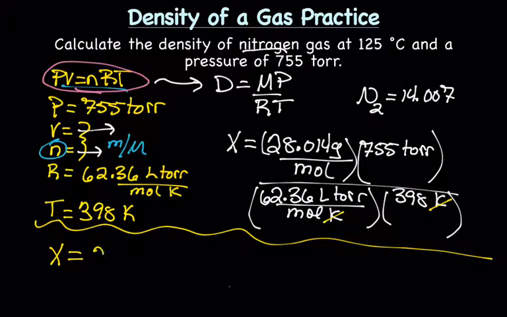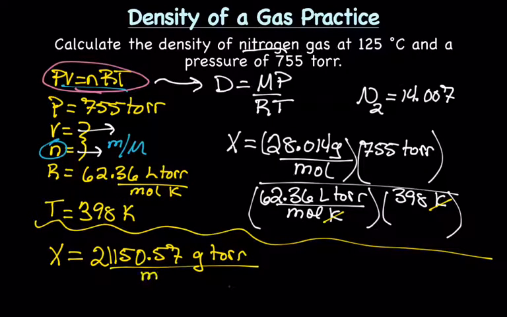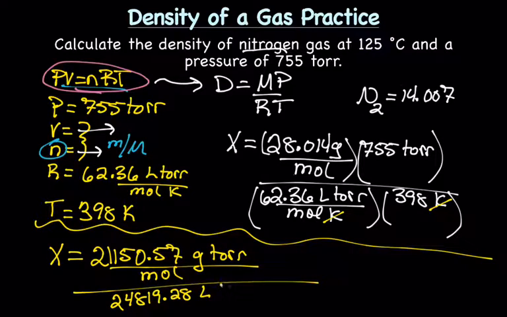And I got 0.57 grams torr over mole, over, multiplying the bottom, I got 2481.928 liters torr over mole.